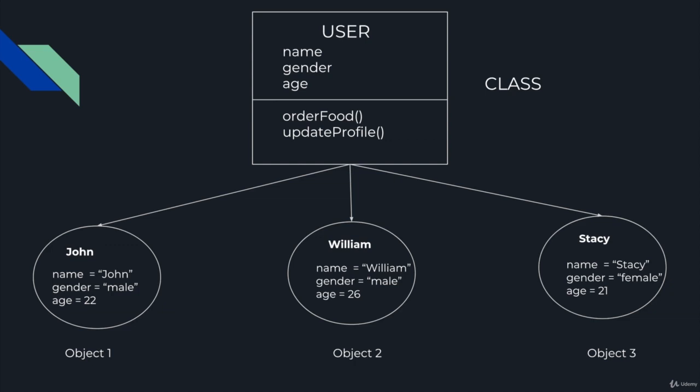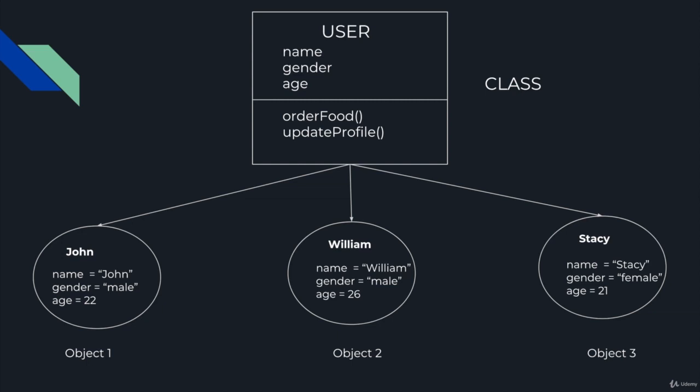You can see that the user class has defined the states and the behavior that its objects can have. The user class has the state name, gender and age, and the objects created using the user class have these three states defined in them. The objects of the user class can exhibit two behaviors, which are order food and update profile.